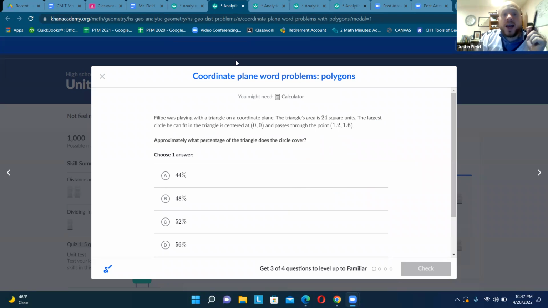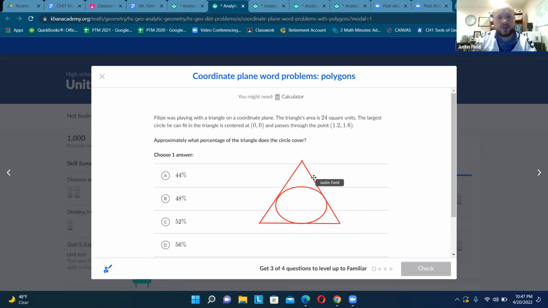Okay, so he has a triangle, and he's trying to draw a circle in the triangle. That's what's happening. Something like that. Maybe even a bigger circle. Look at that, really trying hard here with my pictures.